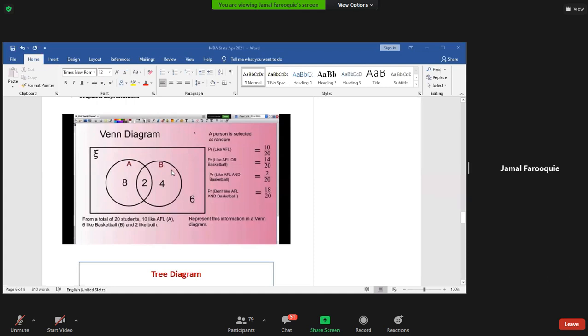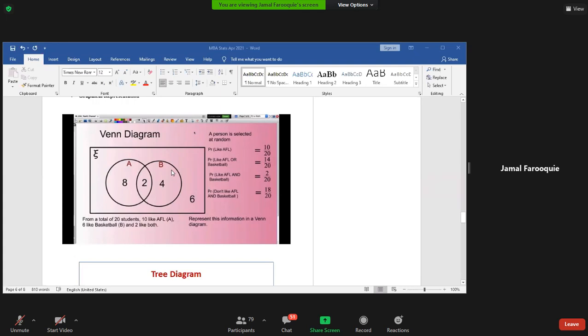So here you can read that there are 10 students in section A, out of which 2 are common. Although in our case they may not be common, 2 are common to A and B both. 8 is only A. Section A only has 8 students.